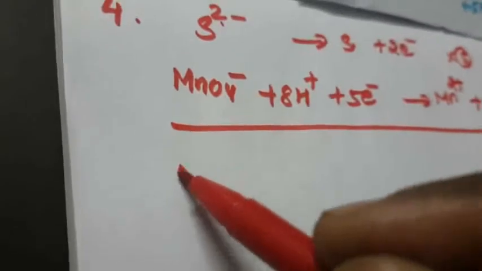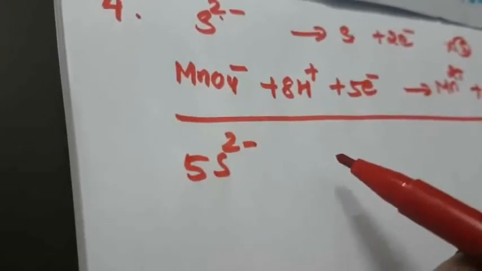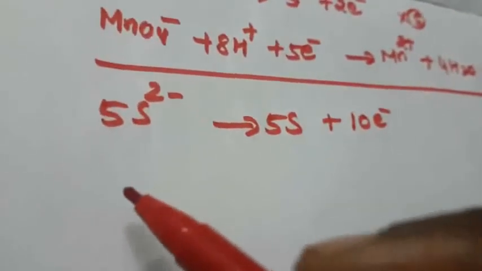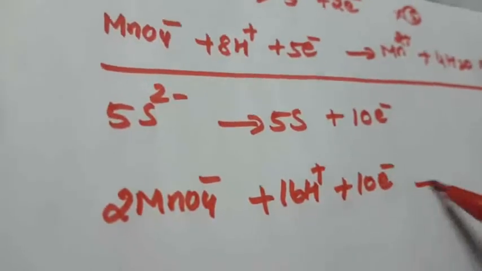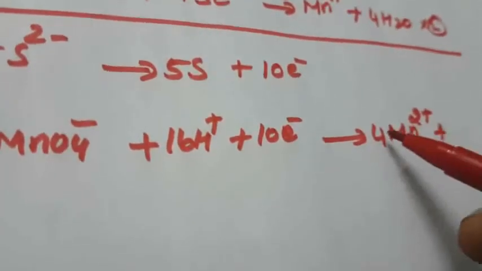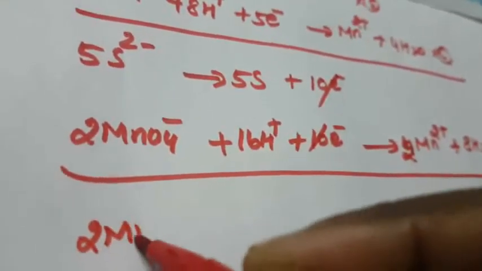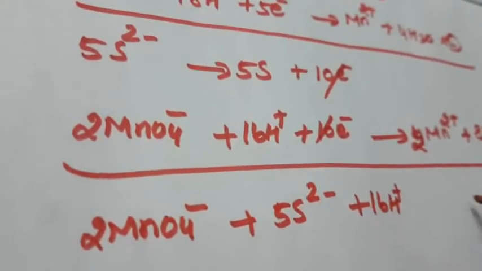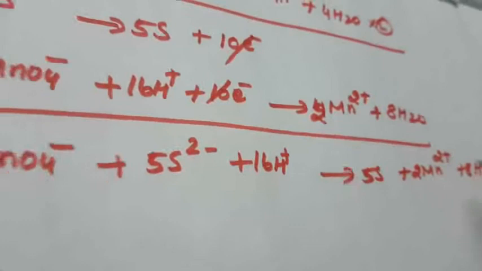So 5 S2- gives 5 S + 10 electrons. Next, 2 MnO4- + 16H+ + 10 electrons gives 2 Mn2+ + 8H2O. The 10 electrons cancel. So 2 MnO4- + 5 S2- + 16H+ gives 5 sulfur + 2 Mn2+ + 8 H2O.